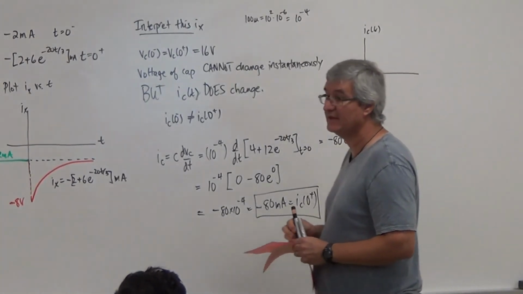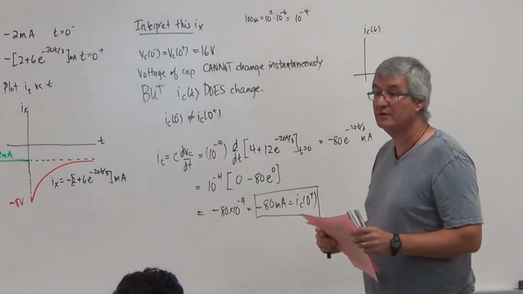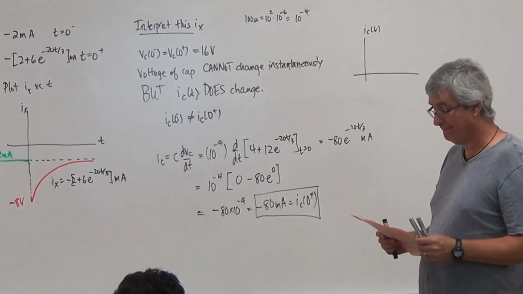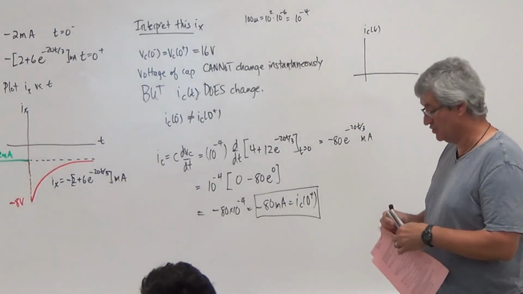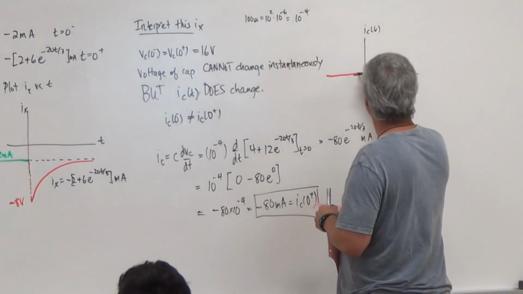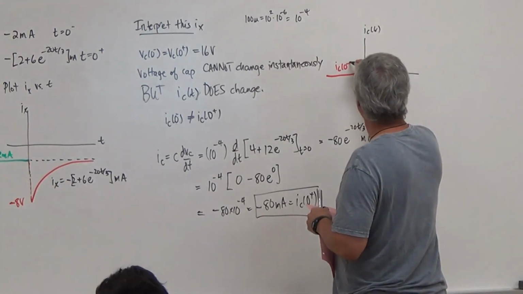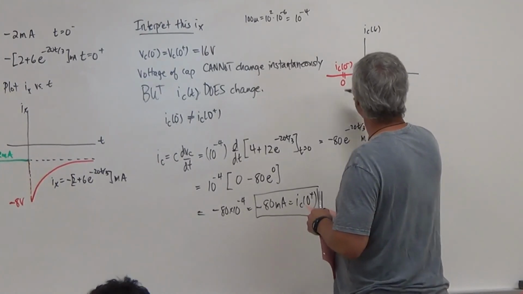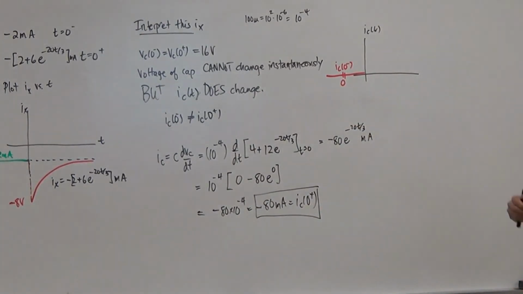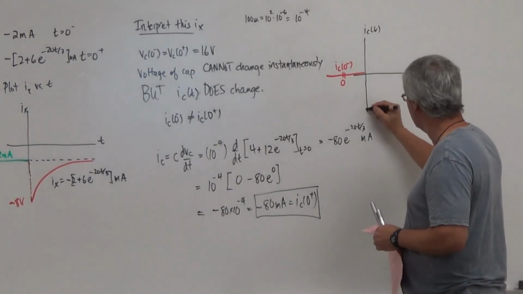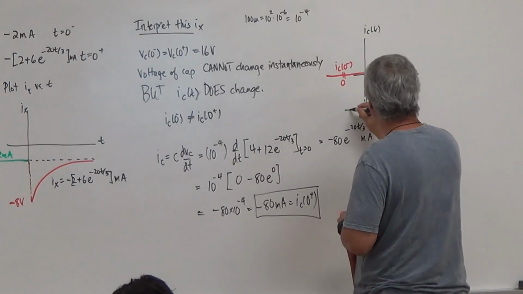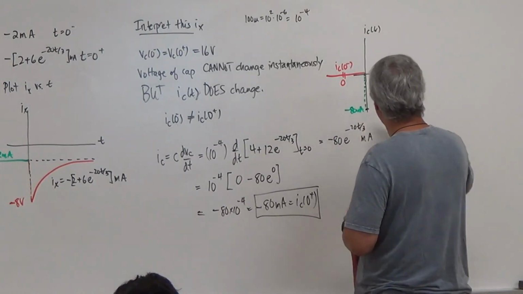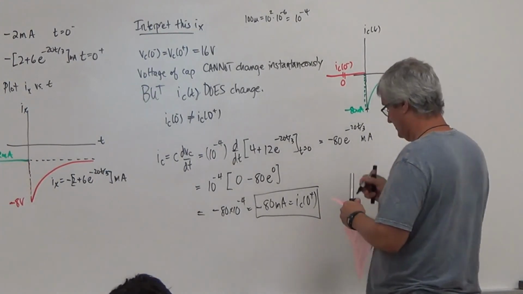But what is the current of the cap beforehand, when the switch has not been thrown? It has to be 0. So the current of the cap is coming in at IC of 0 minus, which equals 0. And then there's a sudden discontinuity, where it jumps all the way down to here, which is minus 80 milliamps. And then it just decays back to 0.